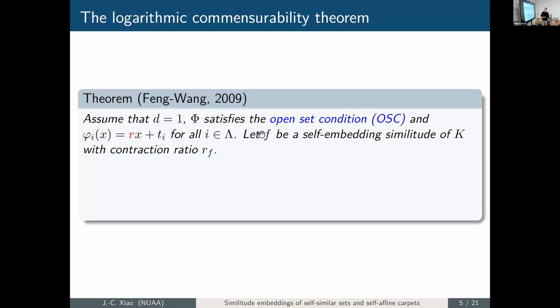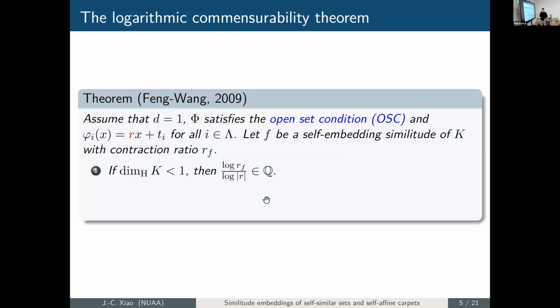So in this case, if F is a self-embedding similitude of K, and if we denote by R sub F the contraction ratio of F, then what can we get? If the Hausdorff dimension of the self-similar set is not full, then the contraction ratio of any self-embedding similitude of that self-similar set should be a rational power of the common ratio in that system.